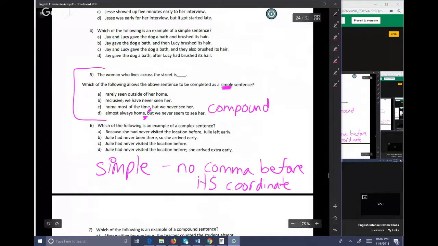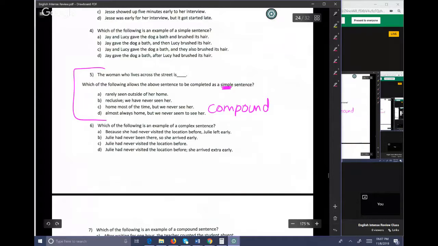However, when I glance at number 5, I have a heads up that C and D are probably compound because I can see the comma. The comma is there because of the subject being there. If you see "but" in the middle of the sentence in that position and there's not a comma before it, that's a heads up that it might be simple. So one extra thing to think about: the way they use a coordinate conjunction in the middle of a simple does not have a comma.